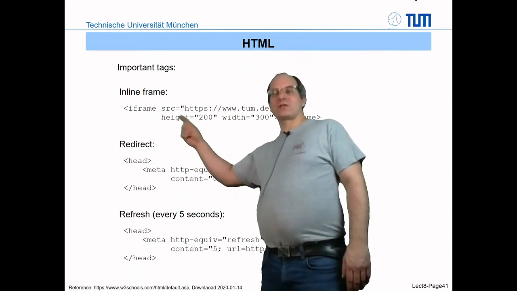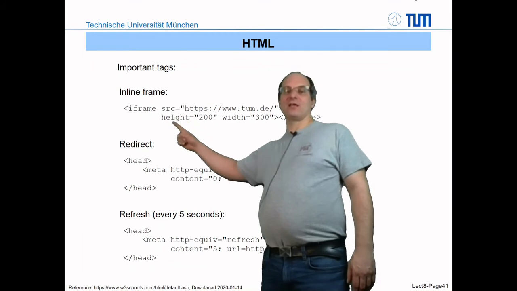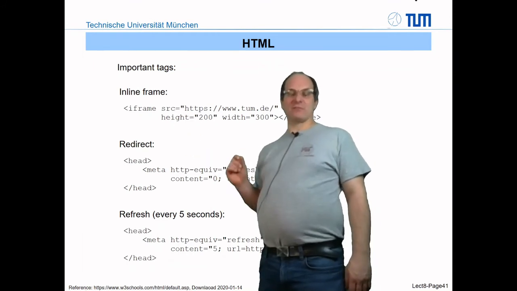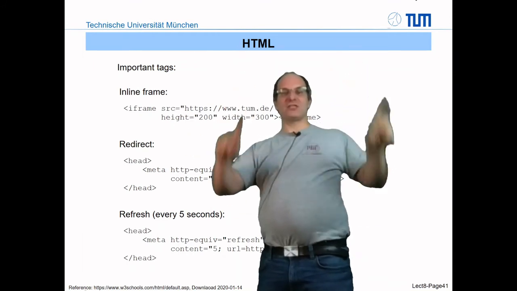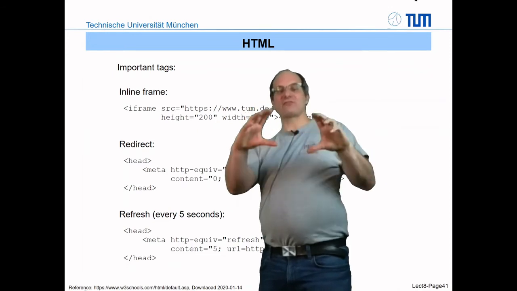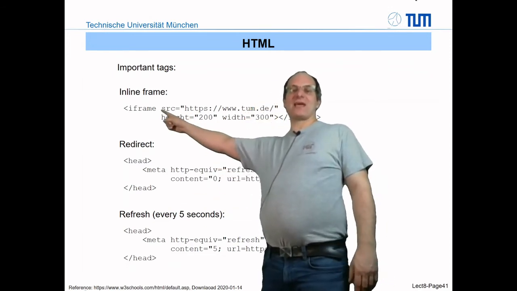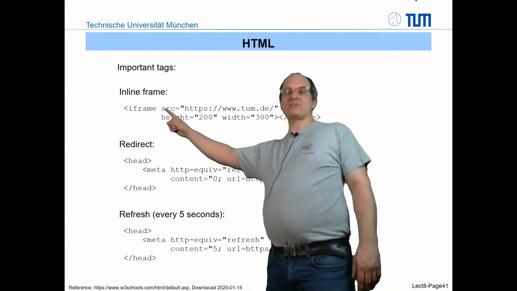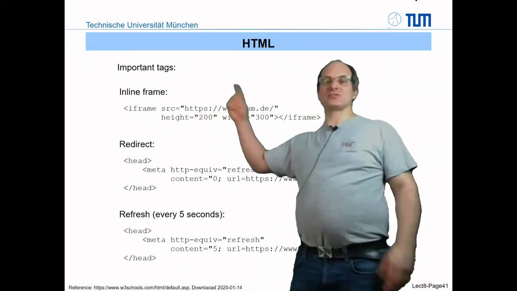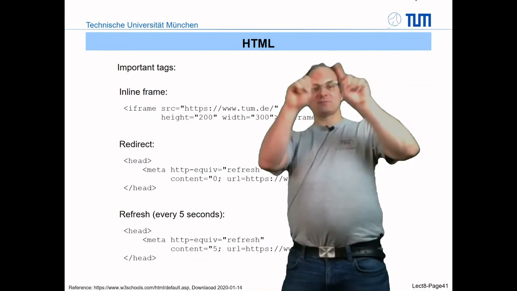So other important tags are, for example, inline frames. If you want a page or a document where another document is inline to that, it's like an image, you can have an iframe, and this iframe points to a source, and this source will be printed as part of the web page.